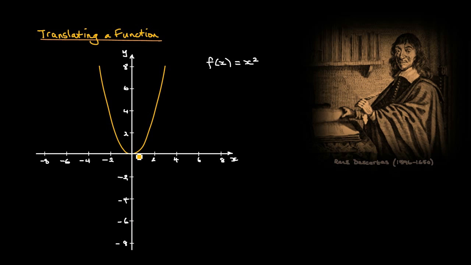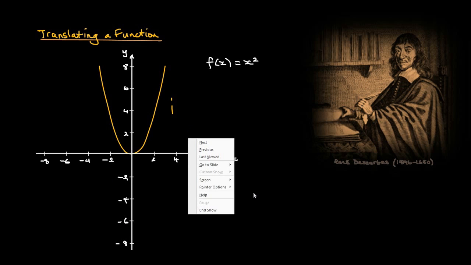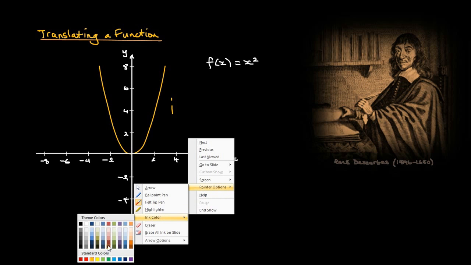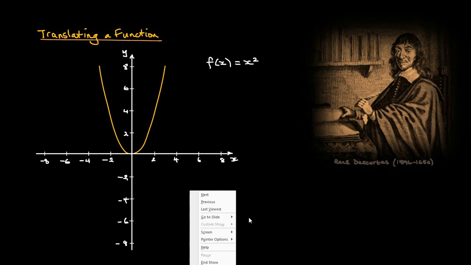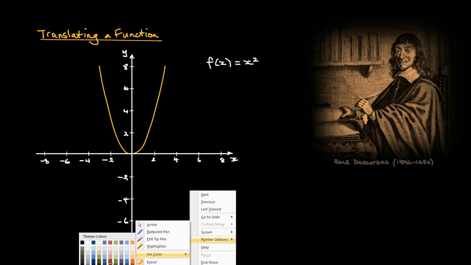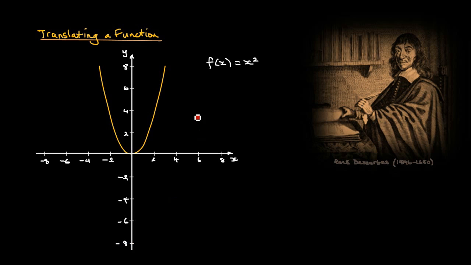Well, let's draw a translated curve. So let's move it down. In other words, I'm going to be translating it down, let's say right to the bottom here. Okay, so that's going to look something like this.